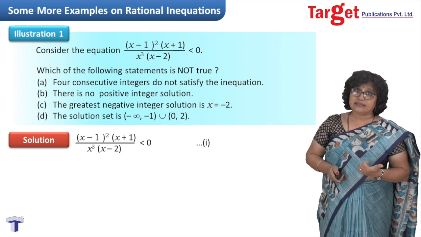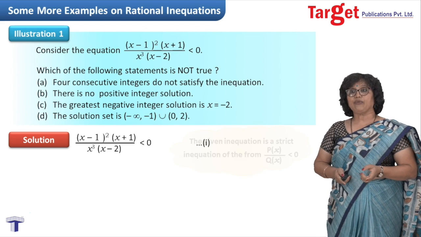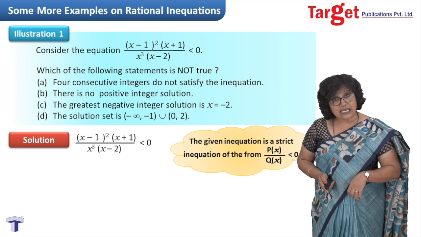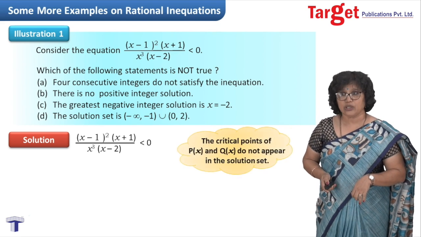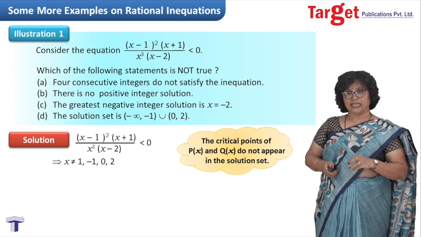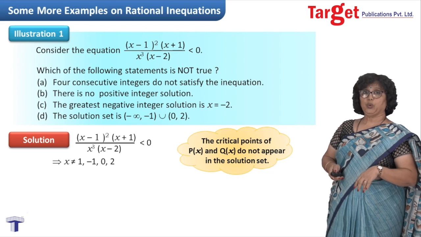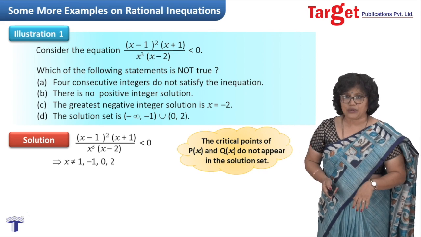The denominator's critical points would be x equal to 0 and x equal to 2. Inequation is a strict inequation, so critical points will not be in the solution set. So x equal to 1, minus 1, 0 and 2 will not be in the solution set. So x not equal to these 4 values.